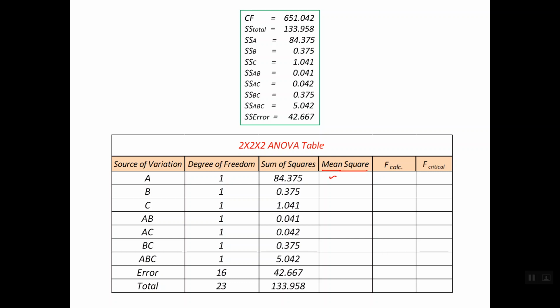For example, for factor A, the mean square for factor A is simply we divide the SS for factor A by the degrees of freedom for that factor. Notice that all the degrees of freedom are ones. So the calculations here will be very simple.